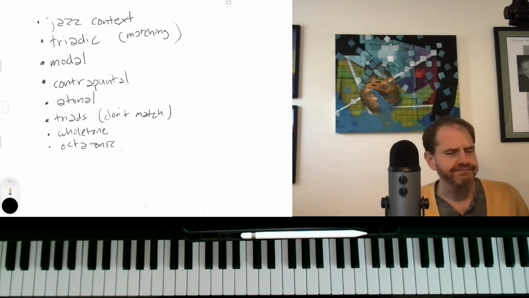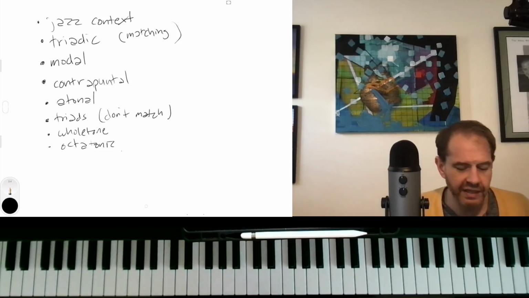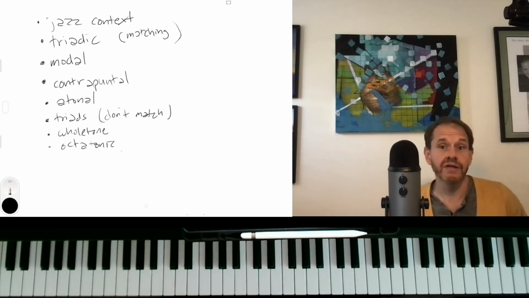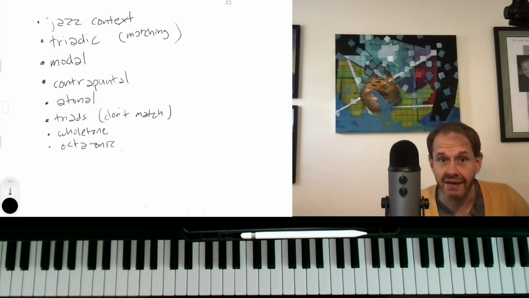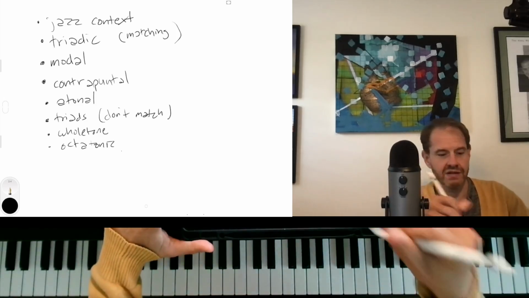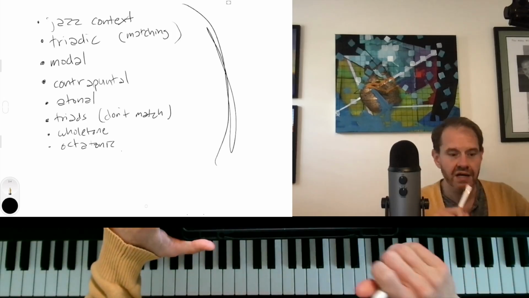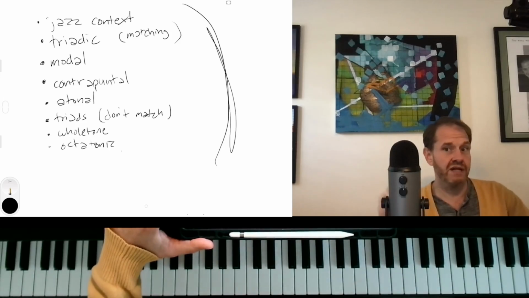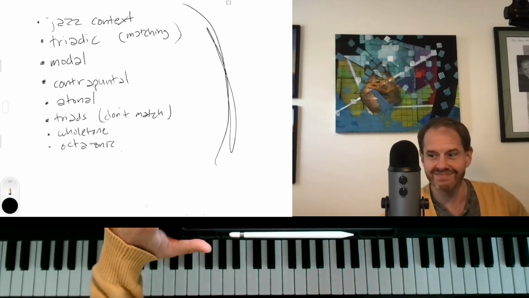Right. So think about these harmonic worlds, and it's going to get you out of that rut of always playing a ballad or a solo piano piece the same way. Because as you can see, in this list, which is a very partial list, there are already so many ideas of how you can enter into a piece.